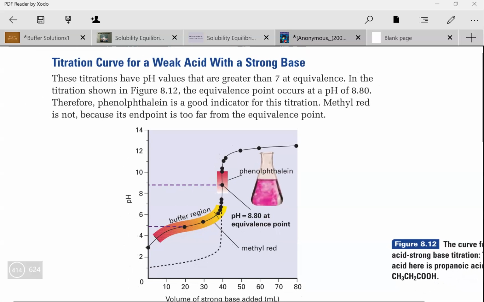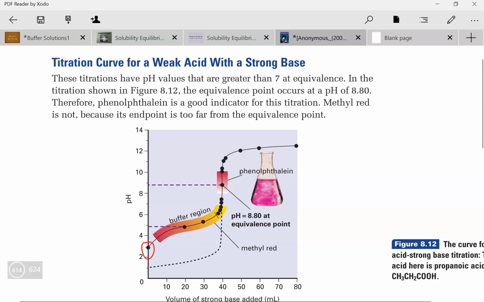Here we have a weak acid, strong base. You're starting off again in an acidic solution with your weak acid. You're adding a strong base, so your pH is going to increase up to its max here. But you can see as it's increasing, the sharp rise is not that significant compared to our previous case, strong acid, strong base.